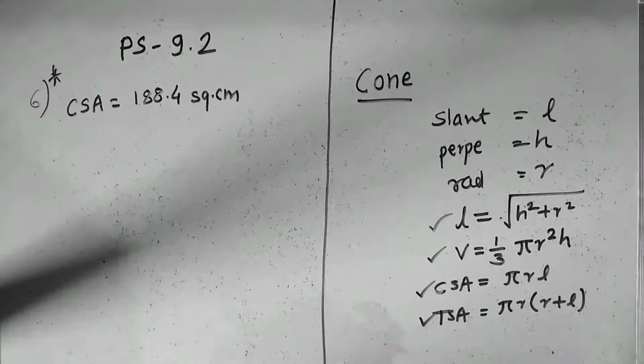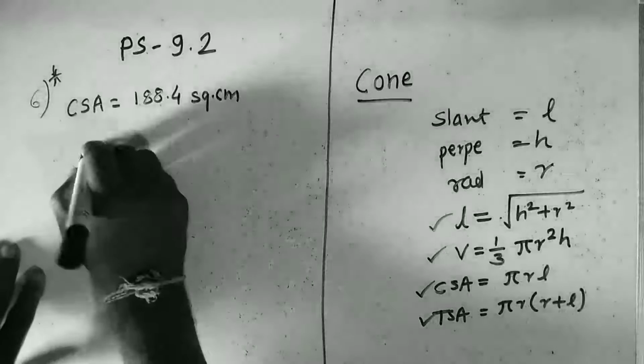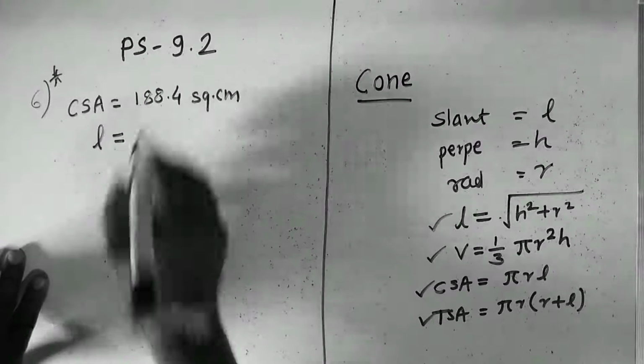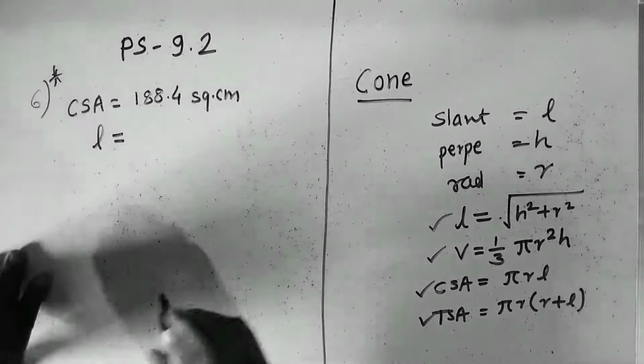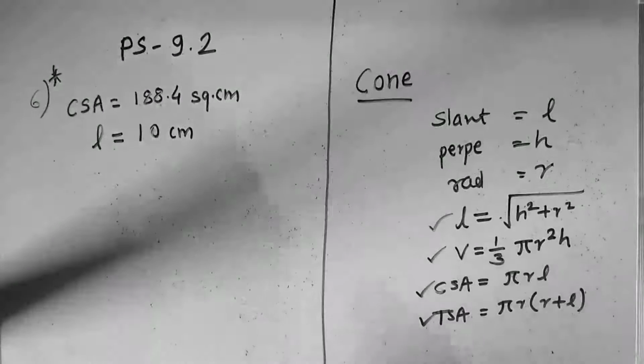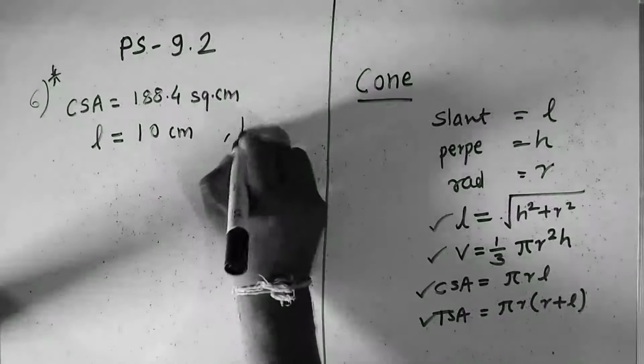And they have also given a slant height, which is called L. The slant height of a cone is 10 centimeter. Yes, I'm reading it from the book. Find its perpendicular height. What do they ask? They ask to find the height.